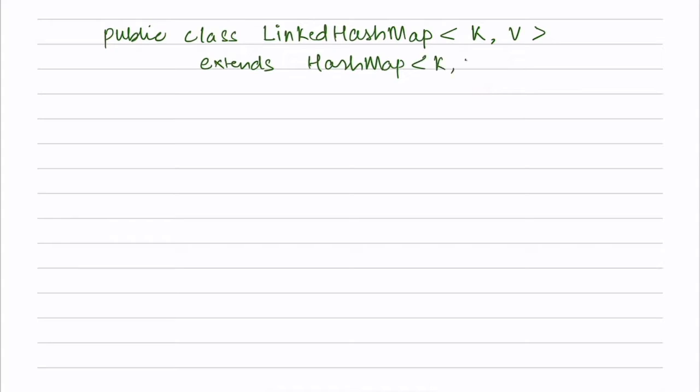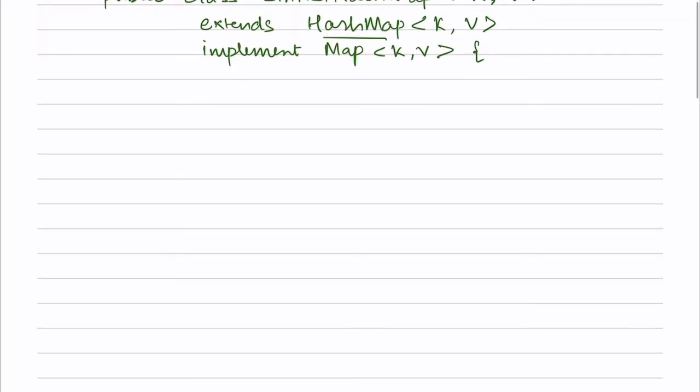In the previous video, we have already traversed this particular class, hash map, in a very detailed way, covering what its internals are. And then it also implements the map interface, because it's Map<K, V>. So this is how it does, and this is the class which we'll go through internally.